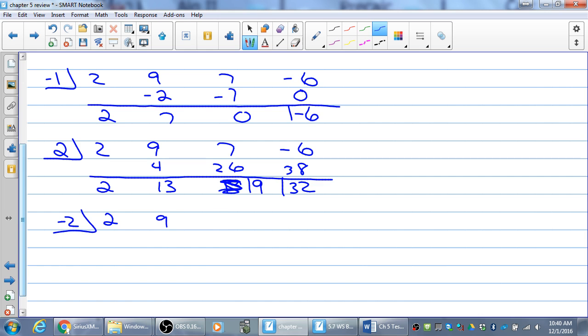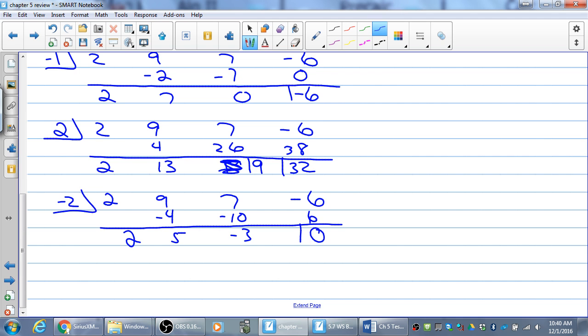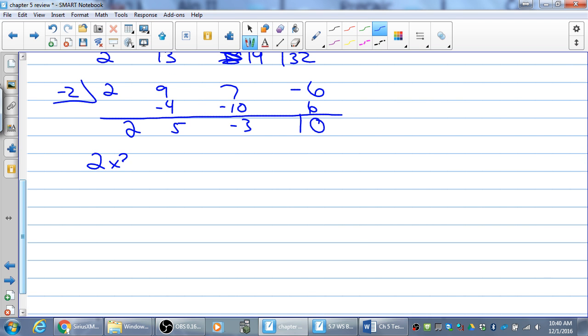2, 9, 7, negative 6. All right, we're going to bring down the 2. Negative 4, 5. Negative 10, negative 3. Yep, that's it, because that's 6. Got it. Well, now we're left with 2x squared plus 5x minus 3.